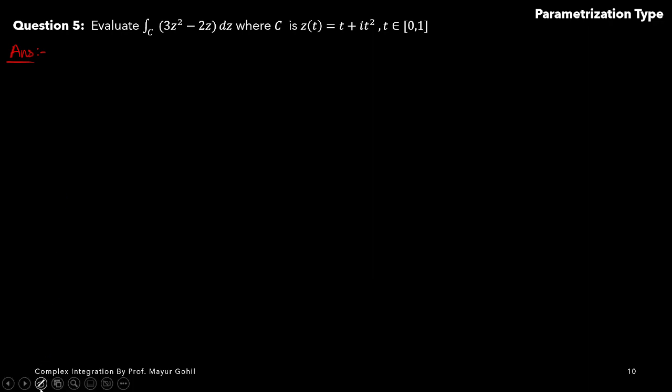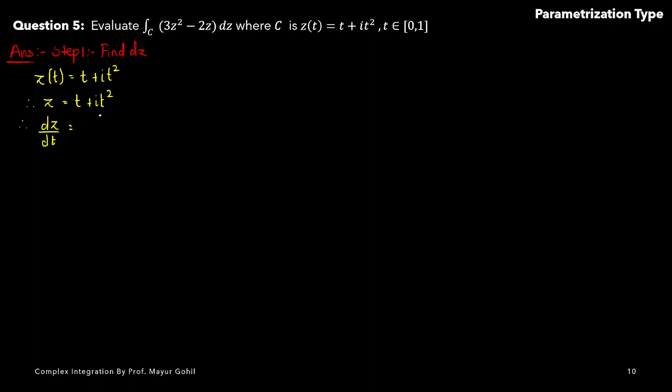So what we do over here, step number one will be directly attacking dz. So step one is find dz, and that is very straightforward over here because we have been given z of t. So z of t is t plus it square, and therefore if I want to find dz by dt, I can calculate it very easily.